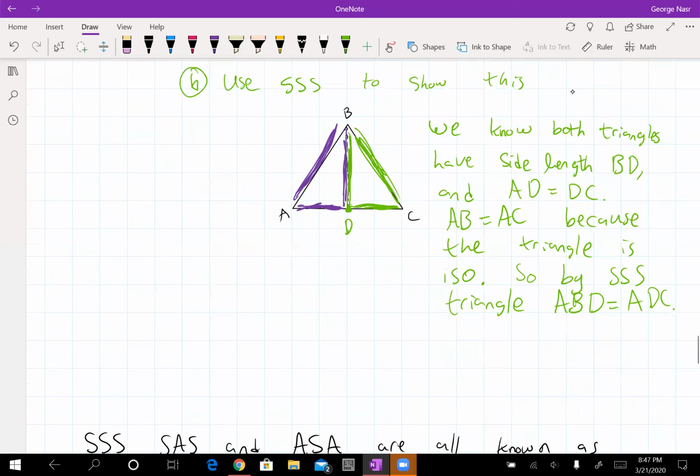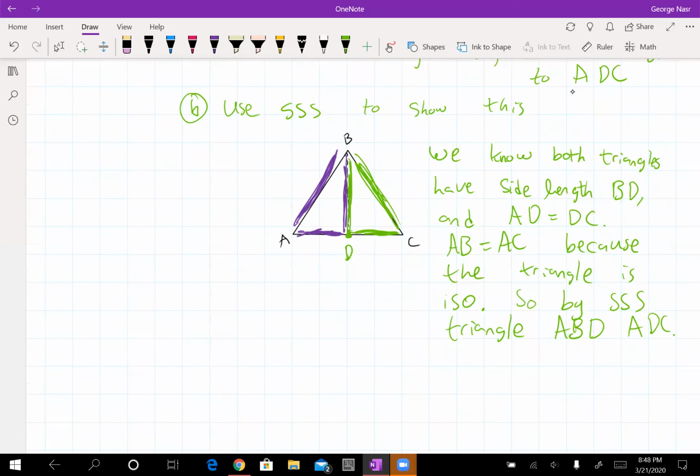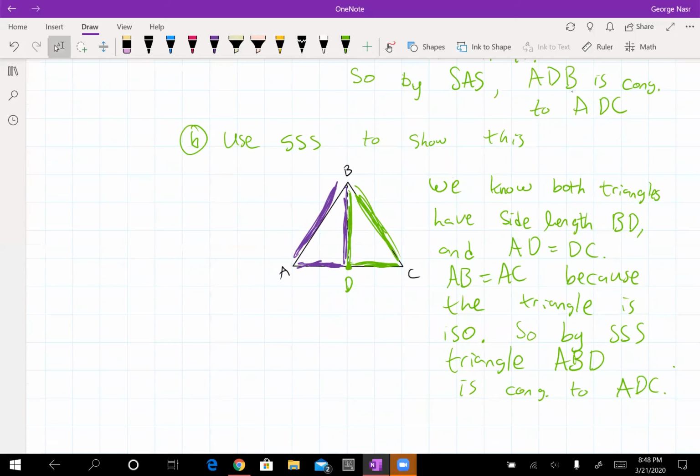And I just realized I wrote equals to down here. I should write is congruent to ADC. Okay. So that's kind of cool. It's a cool fact that an isosceles triangle can break up into two congruent right triangles.